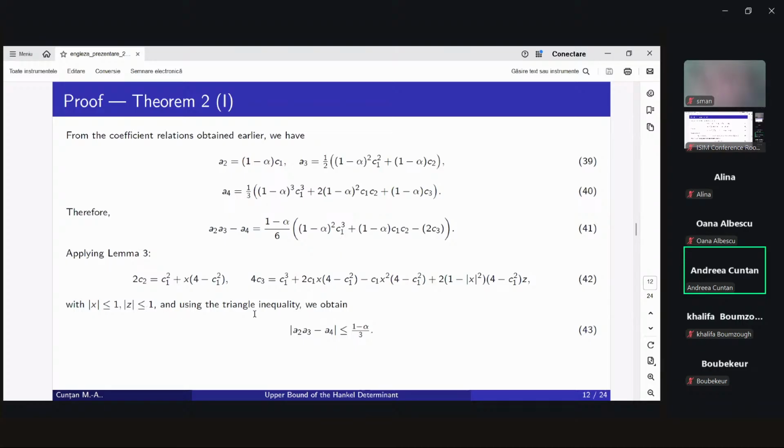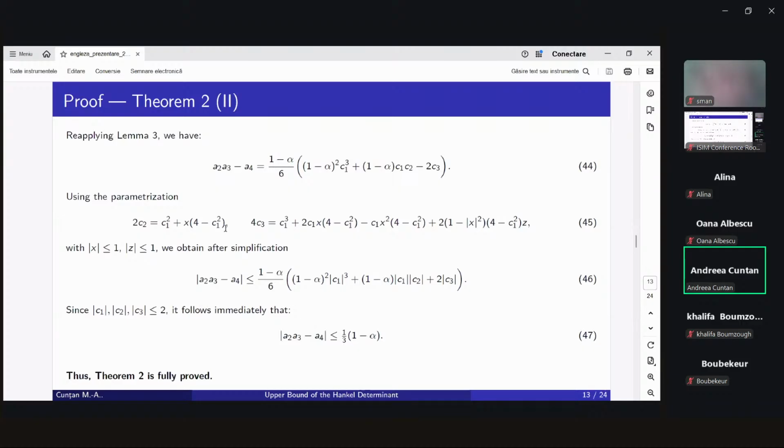And using the triangular inequality, we obtain the equations. Reapplying lemma 3, we have equations using the parameterizations in the next equations.